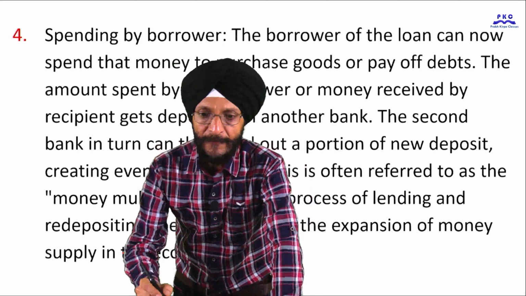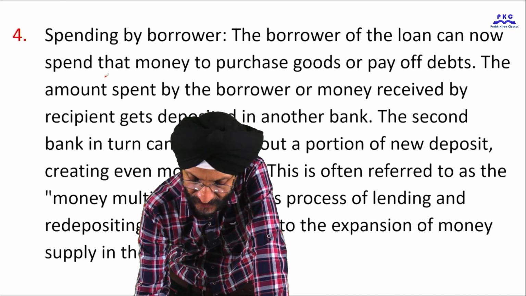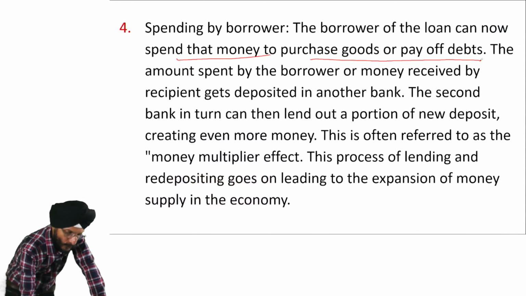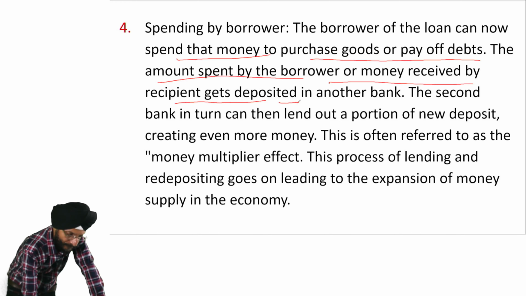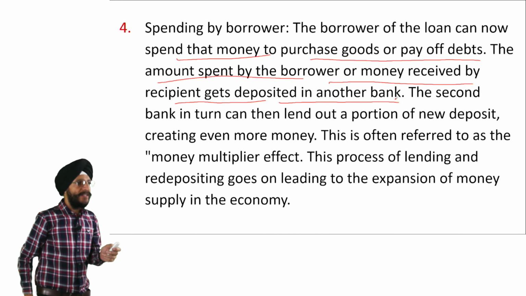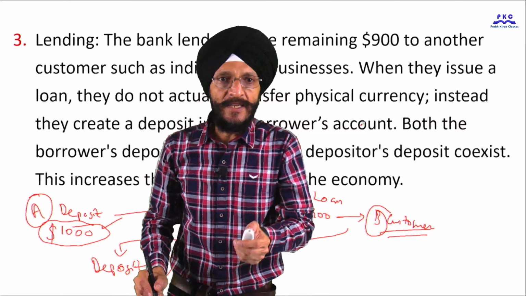Now, the borrower of the loan can spend that money to purchase goods and pay off debts, and the amount spent by the borrower or money received by the recipient gets deposited in another bank. We will understand the same.